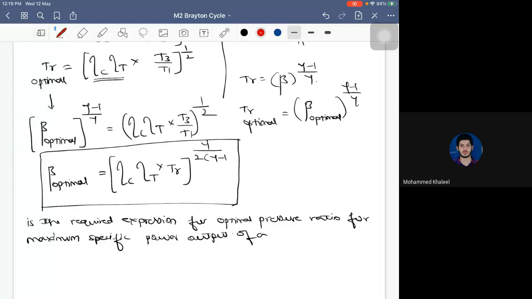So it is actual Brayton cycle, and there ends your total derivation part in this particular module.